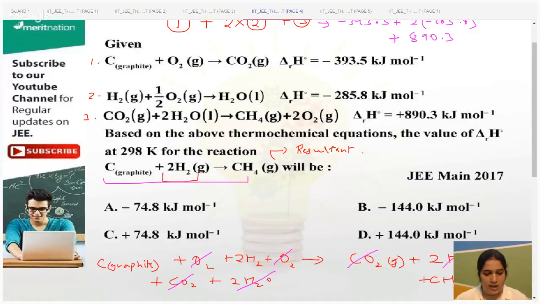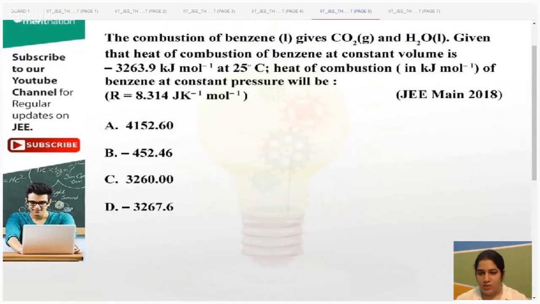What do we get as the answer? Minus 74.8. Everybody is getting A? Yes, everybody is getting A. All right, very nice. Let's move to the next question now.